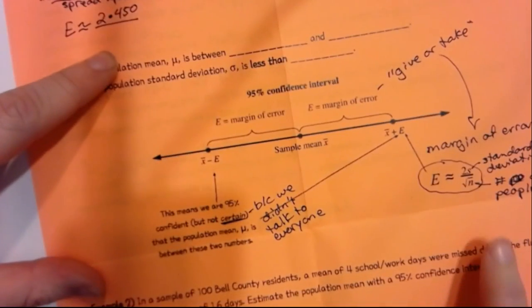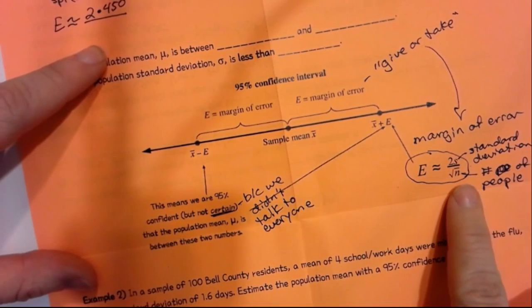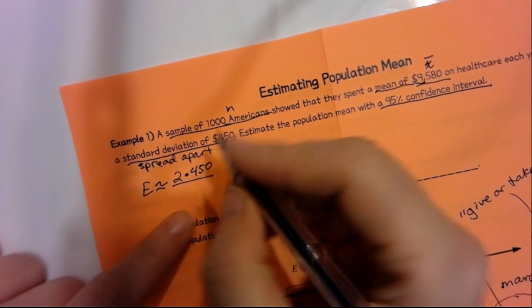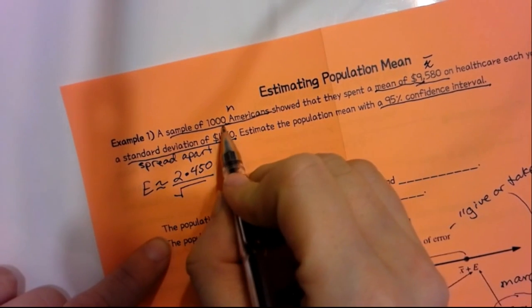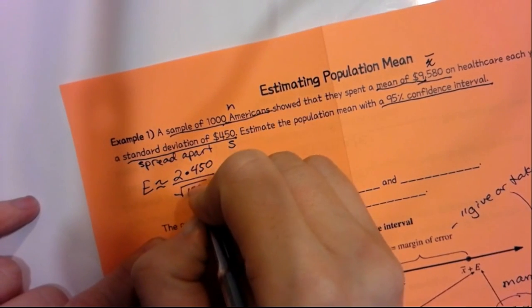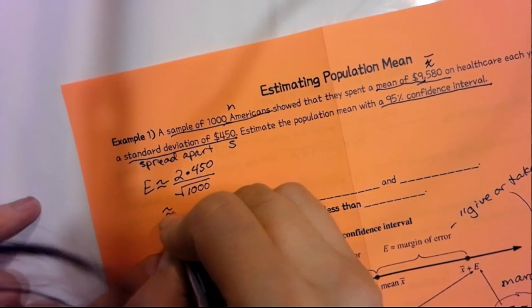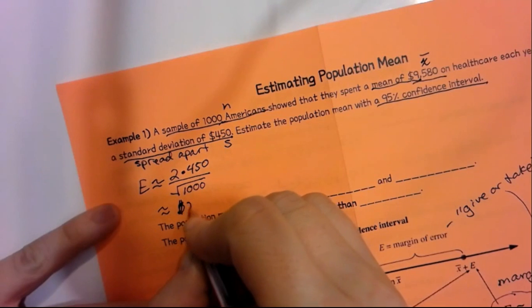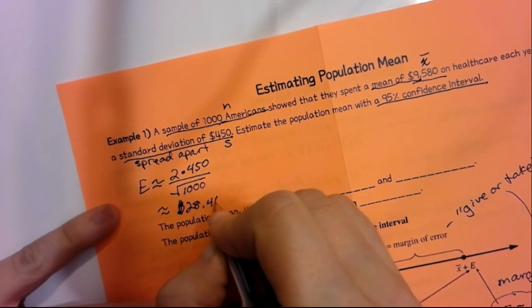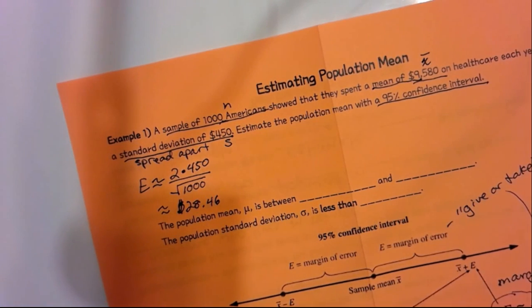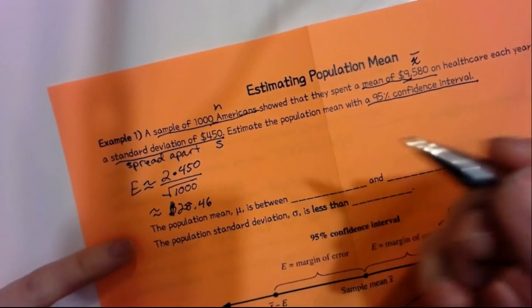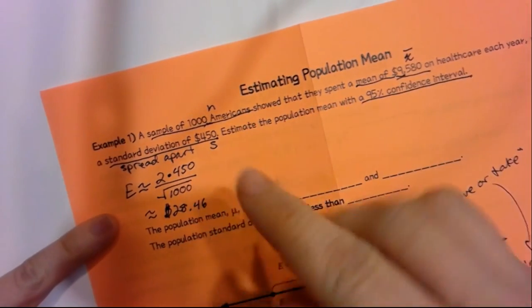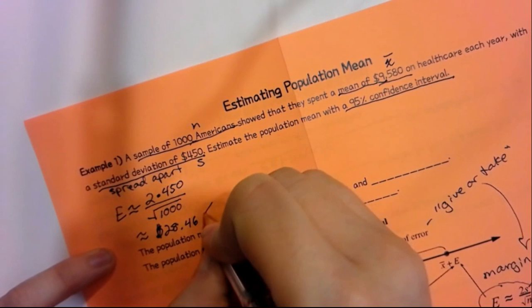Then divide that by the square root of the number of people you surveyed, the square root of 1,000 people. And that gives us about $28.46. So that's our give or take. Then, let me label that.